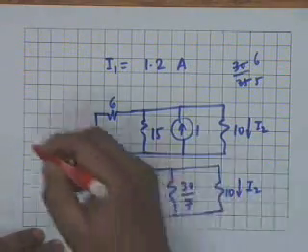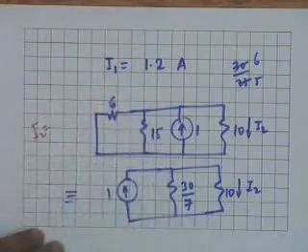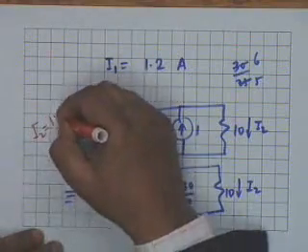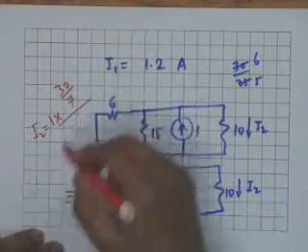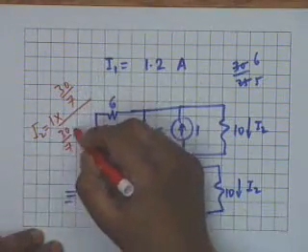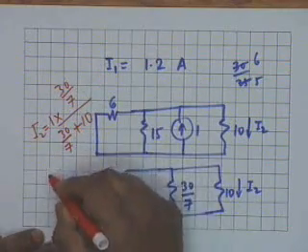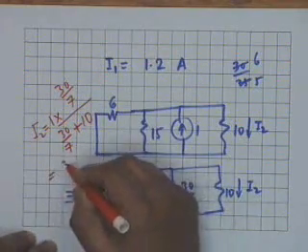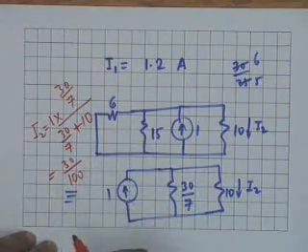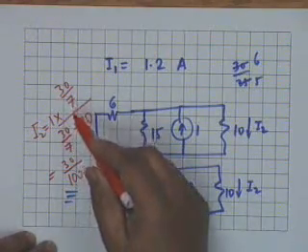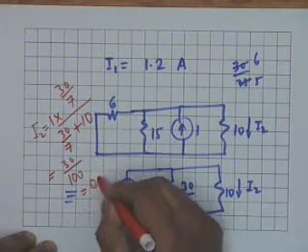Therefore my I2 shall be equal to 1 multiplied by 30 by 7 divided by 30 by 7 plus 10, which is equal to 30 by 100, right? If I multiply by 7, 30 by 100, which is equal to 0.3 ampere.